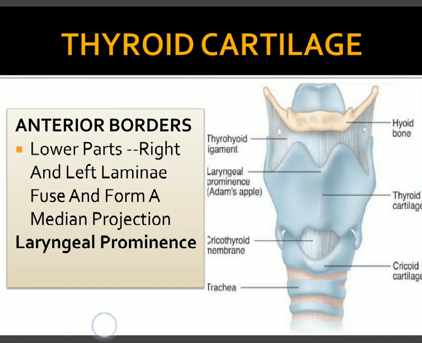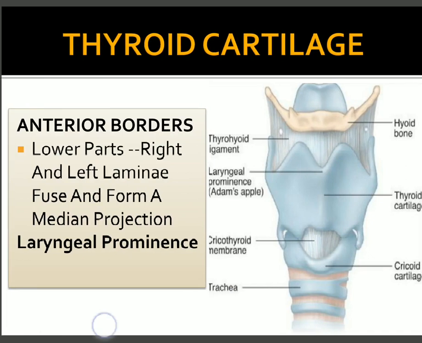There are two borders of the thyroid cartilage, the anterior border and the posterior border. So the anterior border of the thyroid cartilage is this. In the upper part, the parts of the anterior border do not meet and they form a thyroid notch.